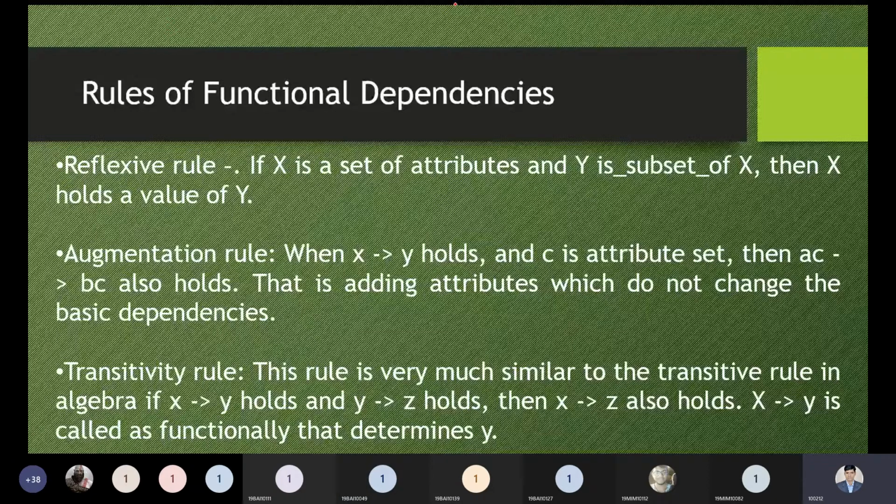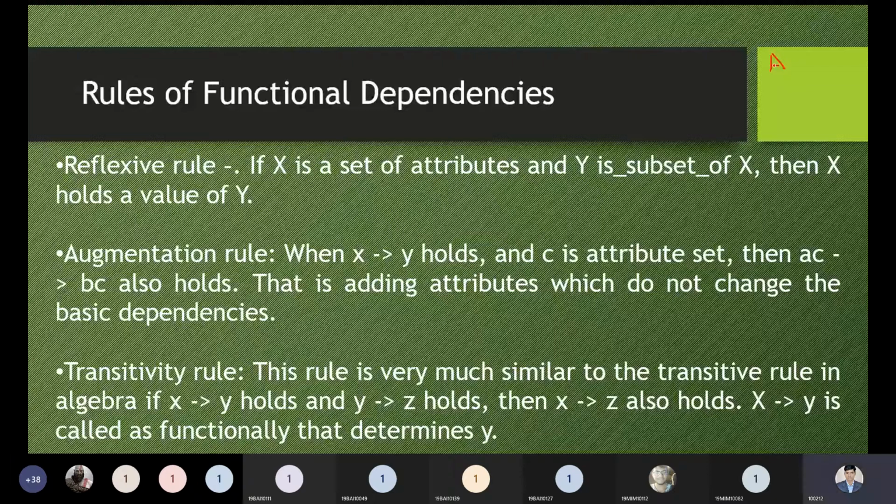Suppose in a relation we have many attributes, and the functional dependency is saying that if we have the A attribute and we have the B attribute, and suppose we have the C attribute.